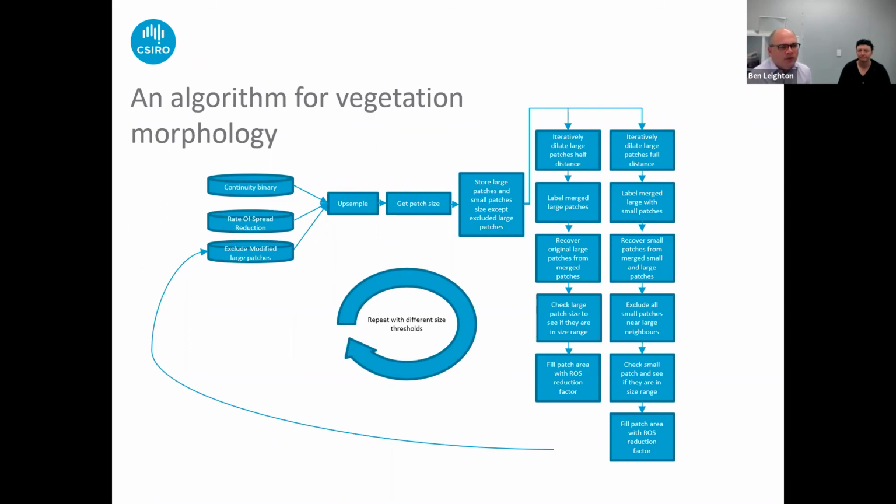So basically what we do is we start with a continuity binary, which is the image that some of the images that we showed and talked about earlier, and a rate of spread reduction, which is initially just 1, effectively, so there's no rate of spread reduction. We actually upsample the images, and the reason we do that is because during dilation, a certain number of dilation iterations helps us determine the distance between patches.